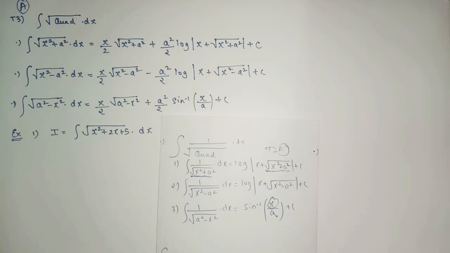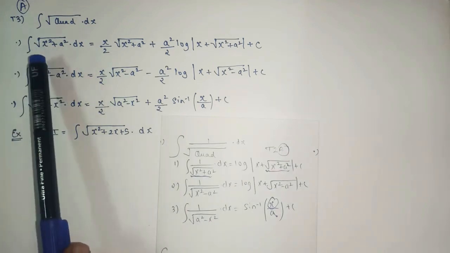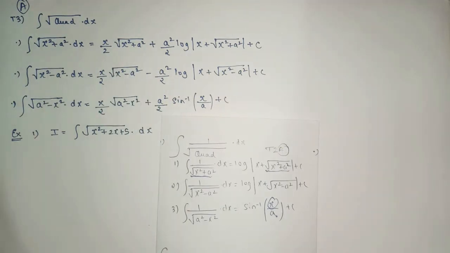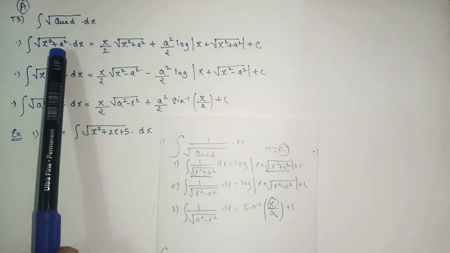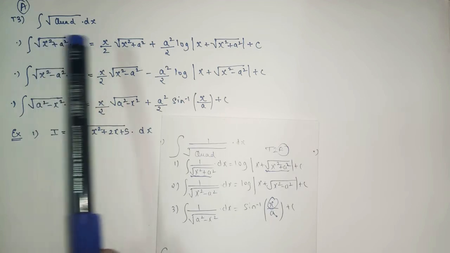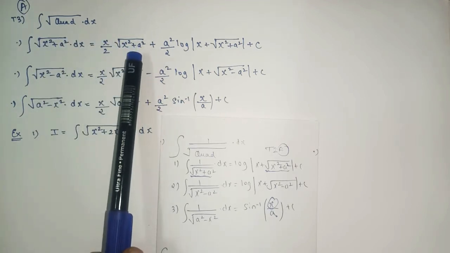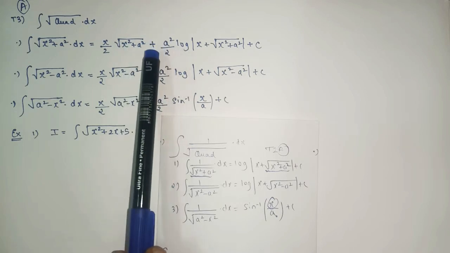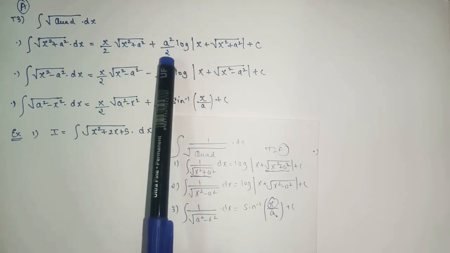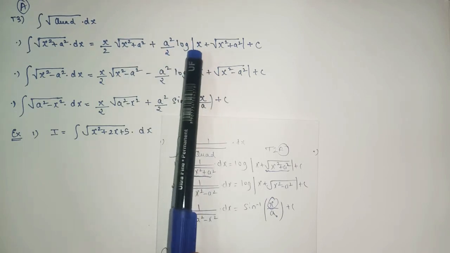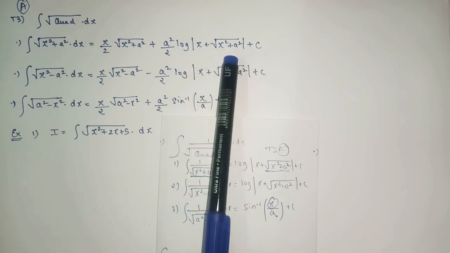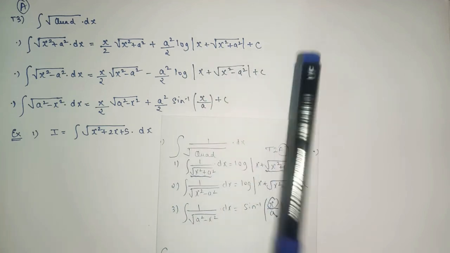It is very simple actually. See here, now I will explain how to remember this. Integral square root of x square plus a square into dx is equal to, first you will write x by 2, then root x square plus a square, then plus a square upon 2, then log mod x plus root x square plus a square, plus c.